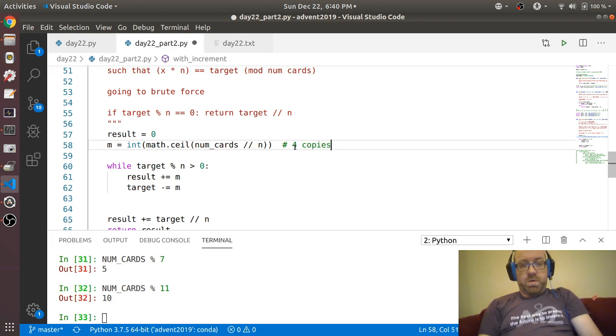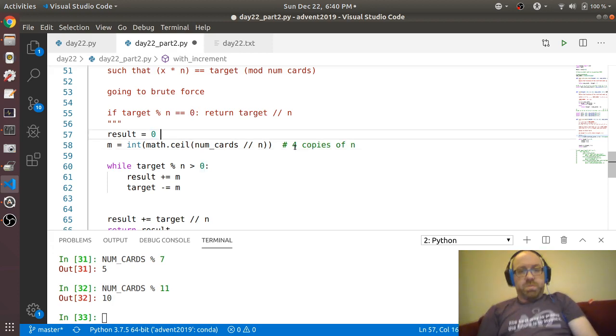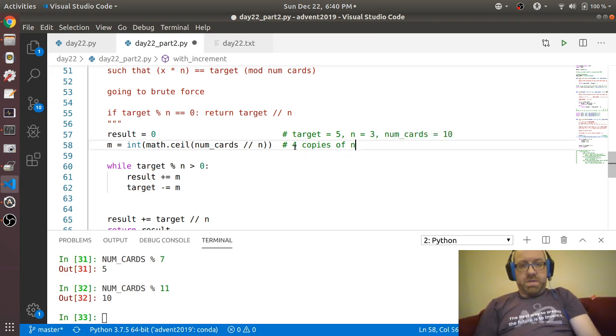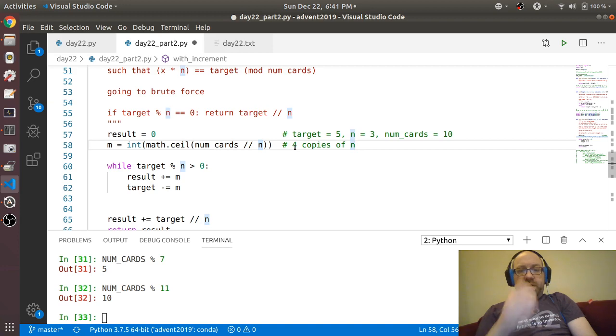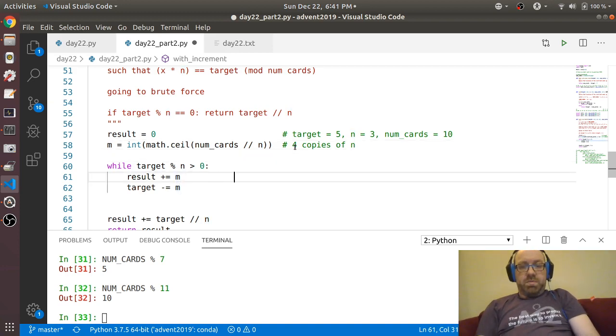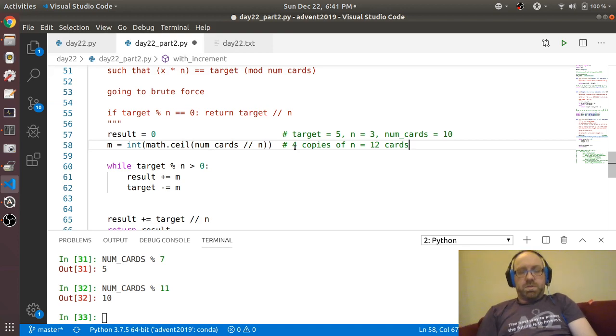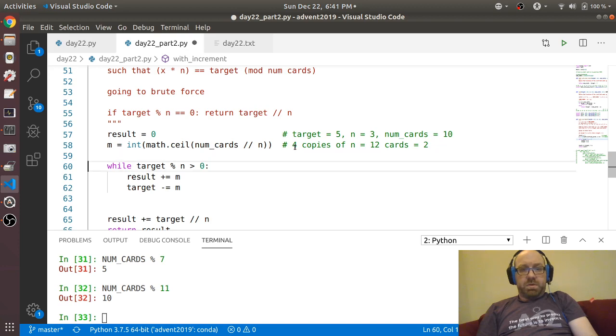So this is 4 copies of, so let's say target equals 5, n equals 3, num cards equals 10. I can get 4 copies of n, equals 12 cards, and equals 2. So let's go to 2.